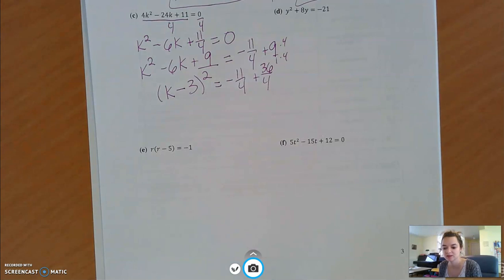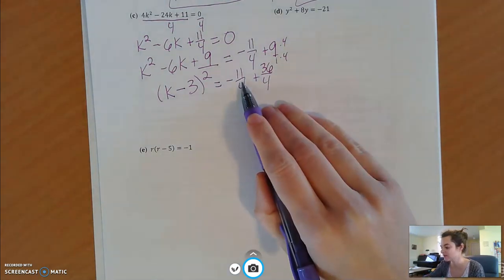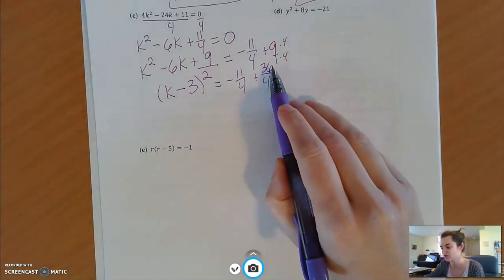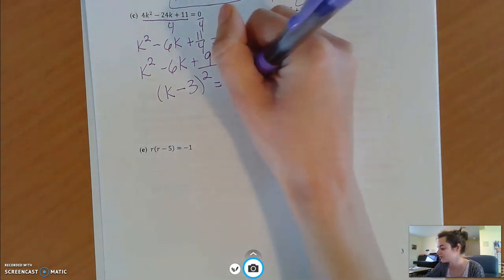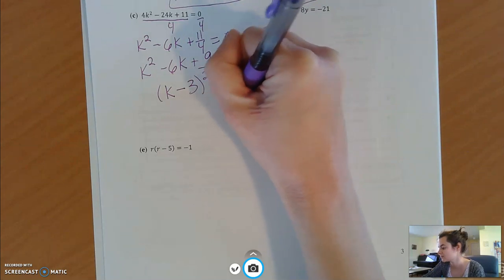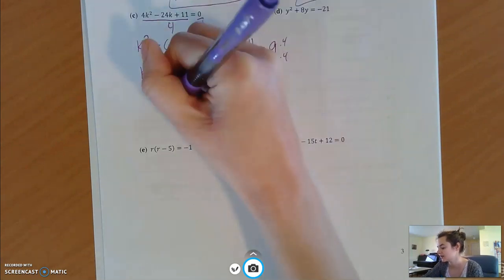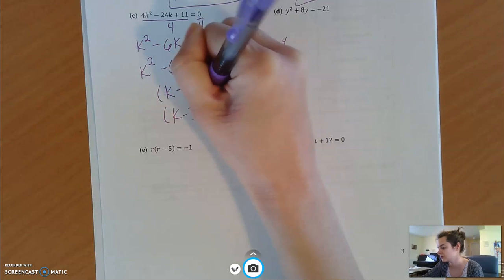Okay? Then we can add those together, so negative 11 fourths plus 36 fourths, or if you want to think about it as 36 minus 11, would be 25 fourths. And that equals our k minus 3 squared.